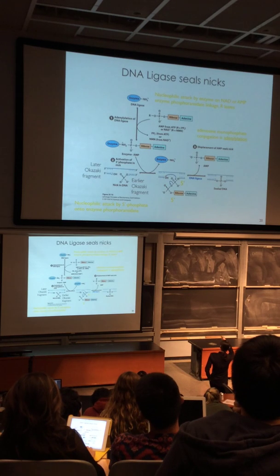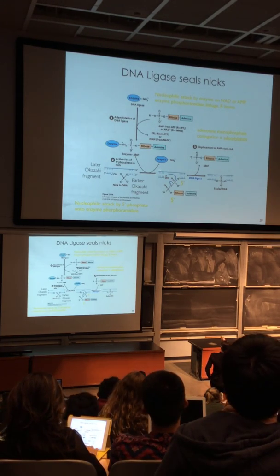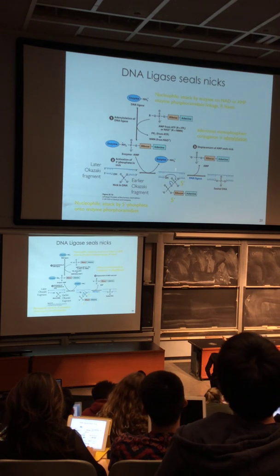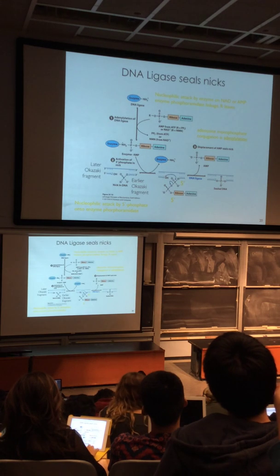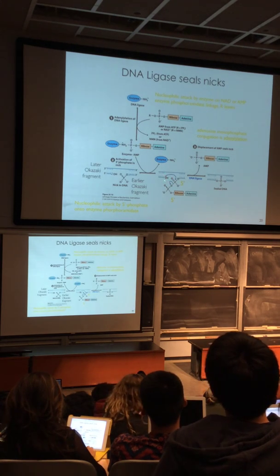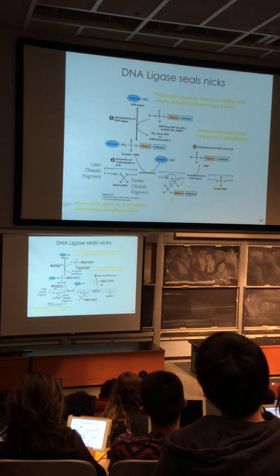And the final step is that the 3' OH of the later Okazaki fragment attacks this phosphate, this leaves, and you've actually sealed the nick, and now you have a bond from the 3' OH of the later Okazaki fragment back to the 5' phosphate on the earlier Okazaki fragment.